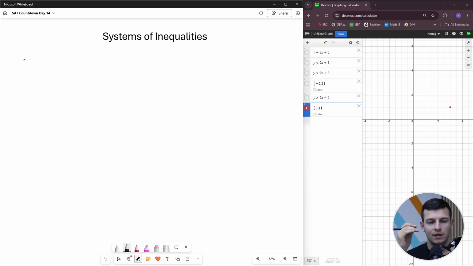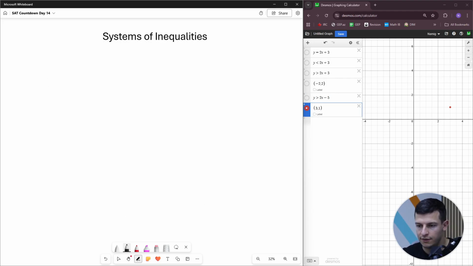So the region from equation 1 and the region from equation 2, whatever the overlapping region is, that is going to be our solution. Now, usually SAT questions would be like, find out if this point is the solution to this system of equations, which means you have to see if your value is in the overlapping part. Okay, let's try it out. So I've got equations here.